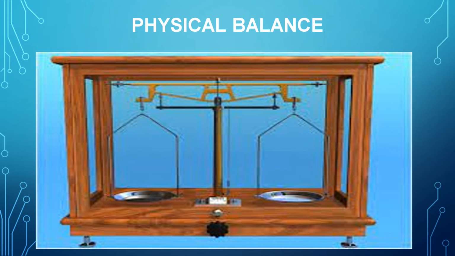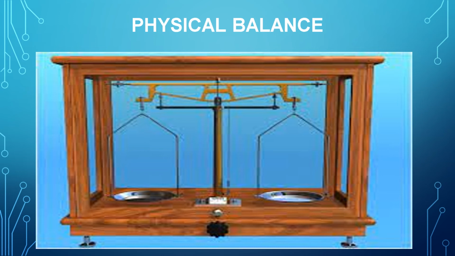Now the physical balance. What you can see is the modified and highly sensitive version of the beam balance. It is used in laboratories, mainly physics and chemistry laboratories. Mainly in the chemistry laboratory it is used, where very accurate measurement of gram or milligram quantities of chemicals or objects is needed.